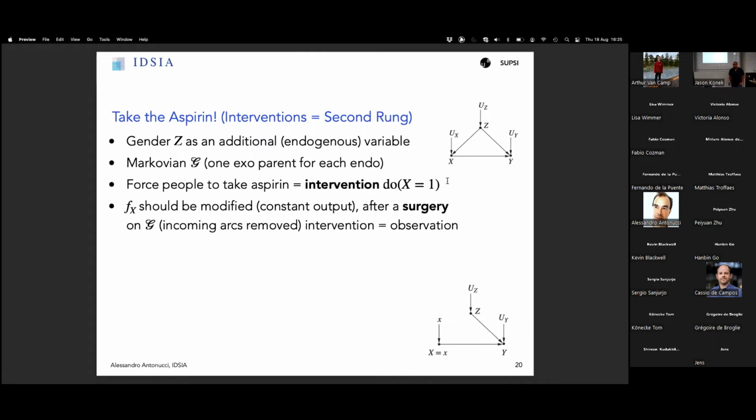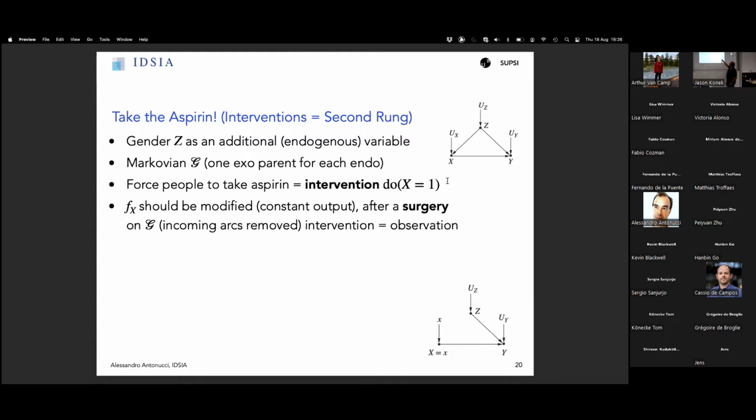Doing an intervention from the point of view of a structural causal model means to change the equation, because now the equation is like a constant. No matter what the inputs are, the equation is always giving as an output the fact that you took the aspirin. So doing an intervention means, at the level of the structural causal model, to change the function, and from the point of view of the graph, basically to remove the incoming arcs.